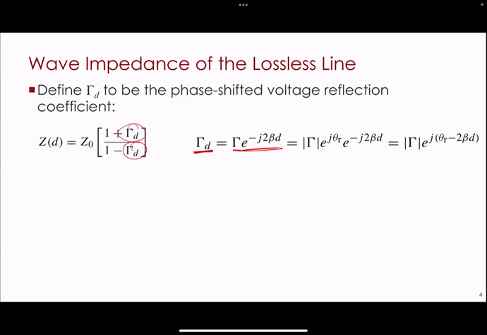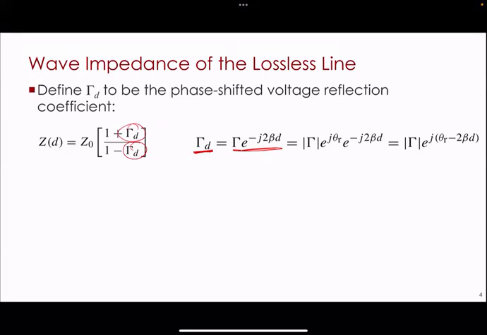We're not usually that interested in gamma d. Normally, when we talk about a gamma, we are talking about the reflection coefficient at the load. And if you think back to where the reflection coefficient came from, it was right when we had that whole thing where I said, let's make the load at z equals 0 because it'll make our life easier.